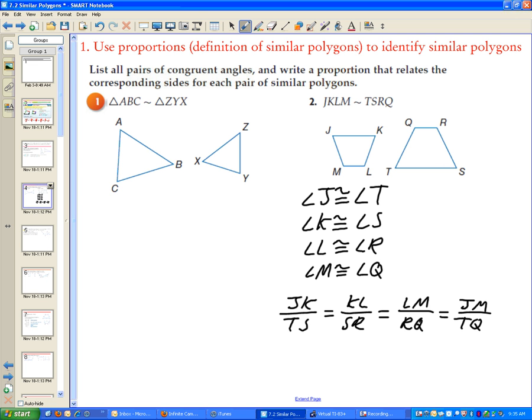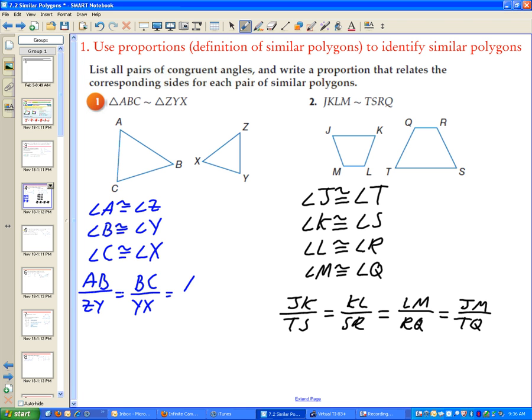So that makes sense to you? All right, do number 1. And then check your work.